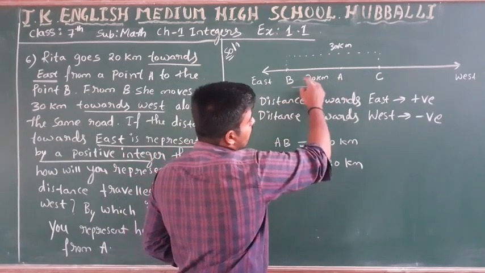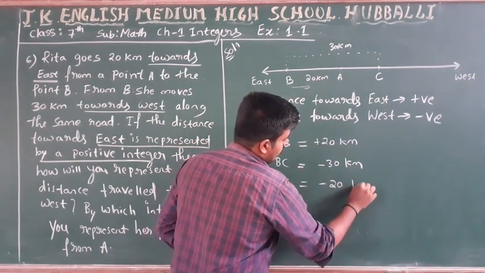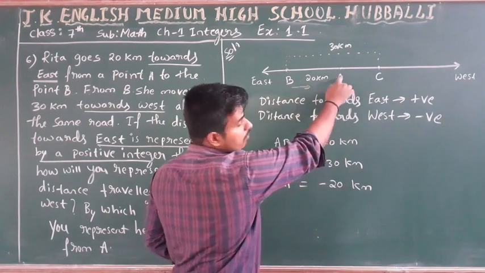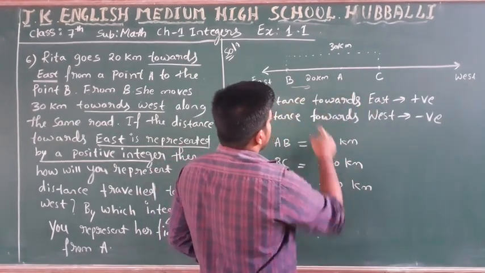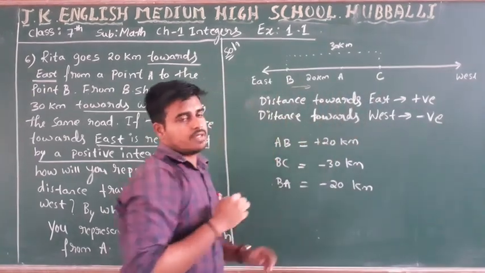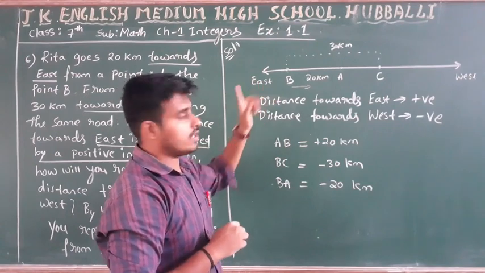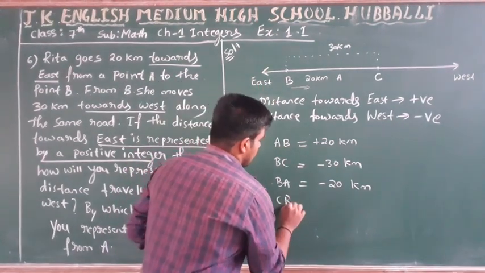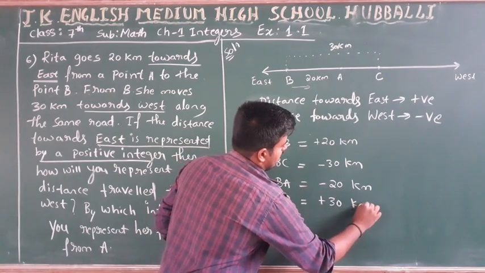Therefore, BA will become minus 20 kilometer. BC is minus 30 kilometer, but CB, from C to B, is also 30 kilometer, but in which direction? East direction now. Therefore, CB will become plus 30 kilometer.